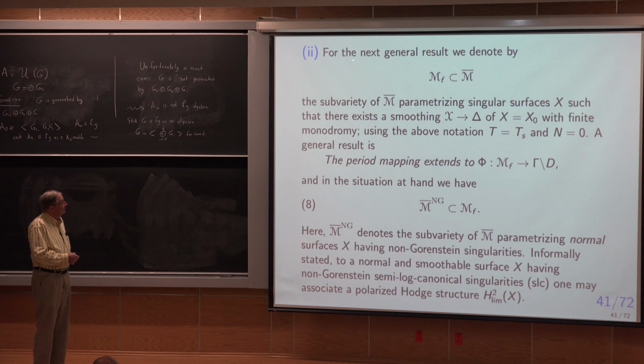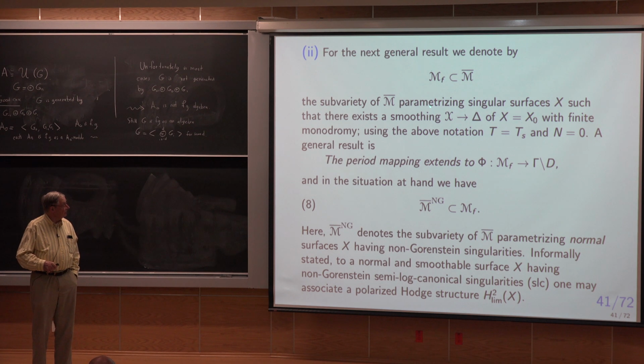And the first real result is that the period mapping, well, there are two parts to it. First is that if you look at the compactified moduli space, you look at that part of it where the local monodromies are finite.